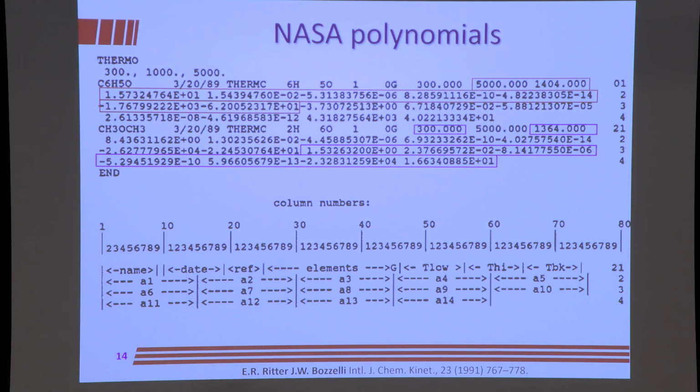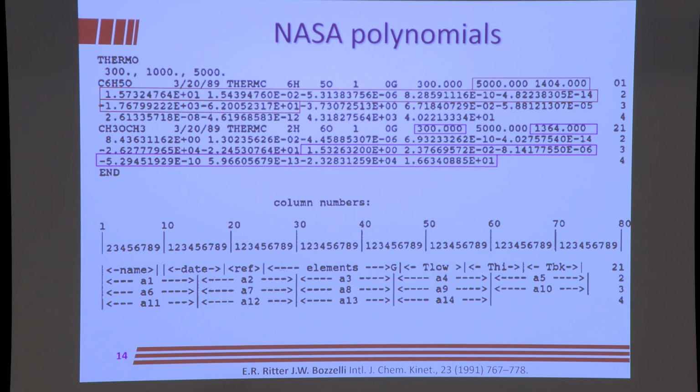And here I have another one. This is dimethyl ether, CH3OCH3. Again, there are 2 carbon atoms, 6 hydrogen atoms, 1 oxygen atom. It's in the gas phase. But now you can see that the range, again, it's 300 to 5000, but what do you call it? I forget now what it's called.